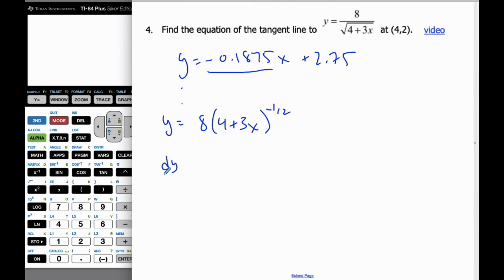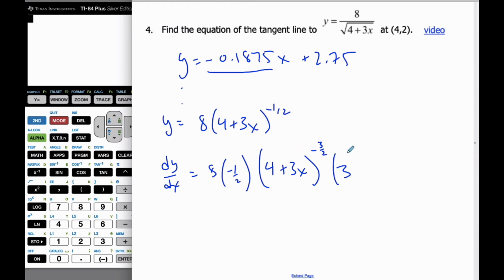So now when I do dy/dx, I'm going to pull down, doing the chain rule. I know this comes down, so it's 8 times negative 1/2 times (4 plus 3x) to the power of negative 3/2, and then times the inside derivative, which is 3.